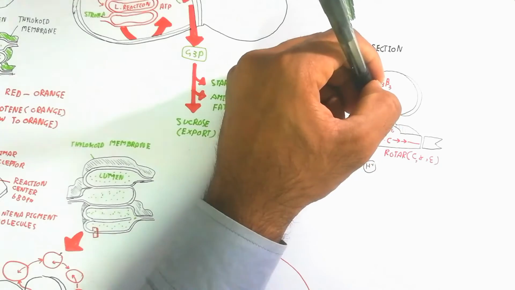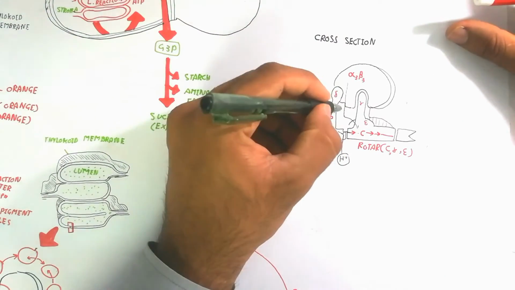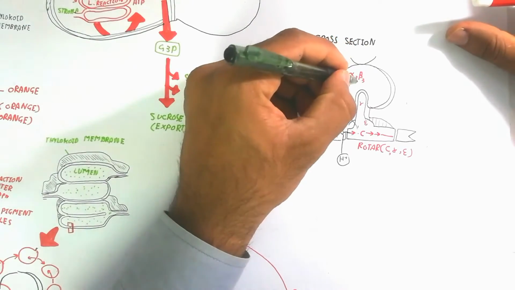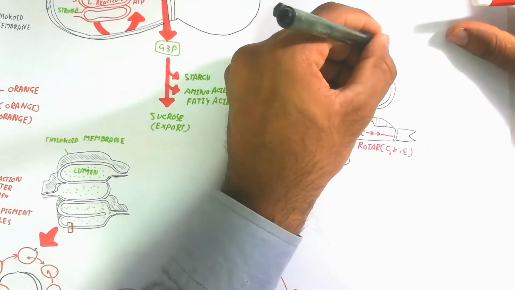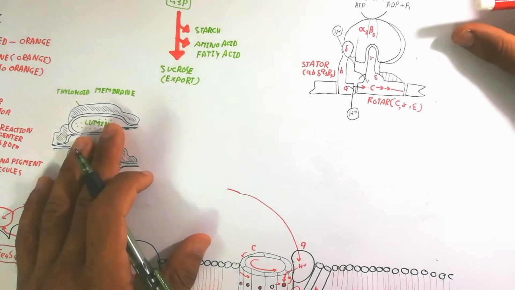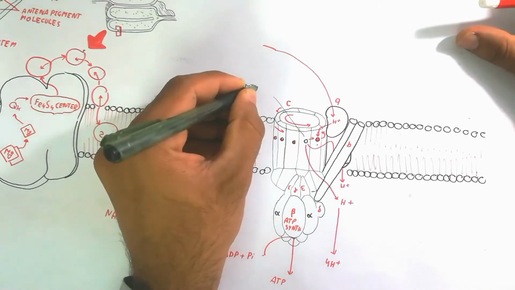That's simple. So here is basically the concept about these things. The hydrogen ion will be released into the stroma from the lumen. So ATP is produced from this side, where the beta subunits are. That's the cross section of the rotator and stator.